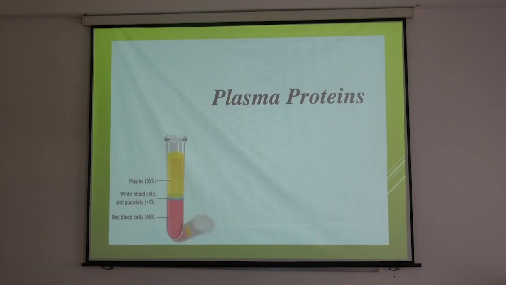There are some very important proteins found in plasma. Can you tell the name of any one of them? Albumin, globulin, fibrinogen. These are some of the important proteins found in blood or plasma.